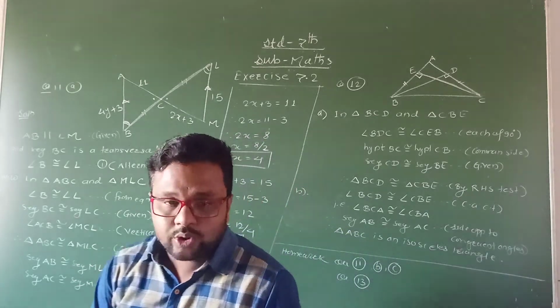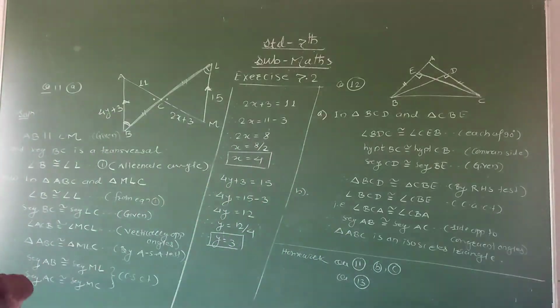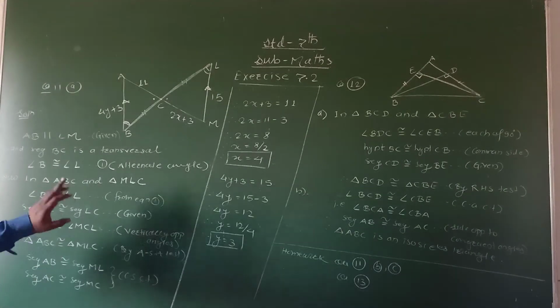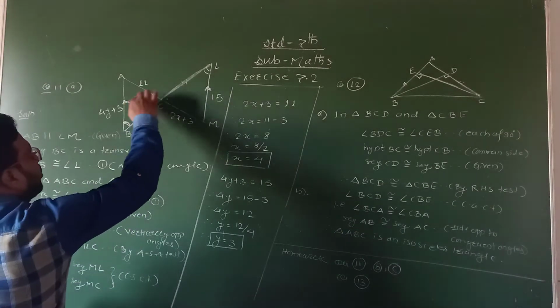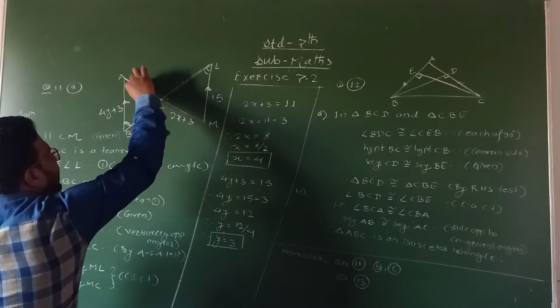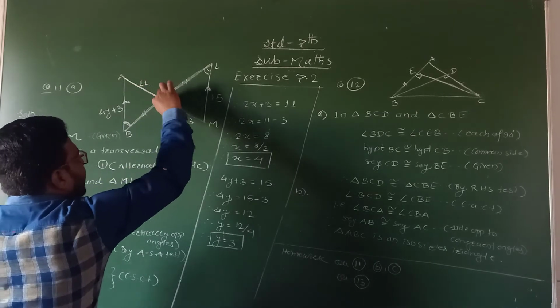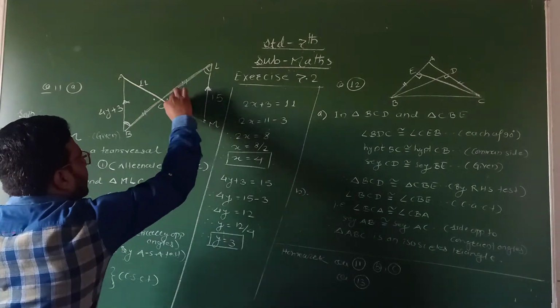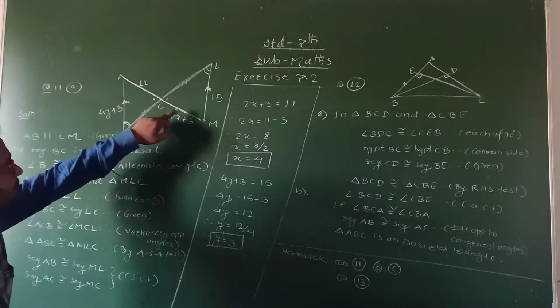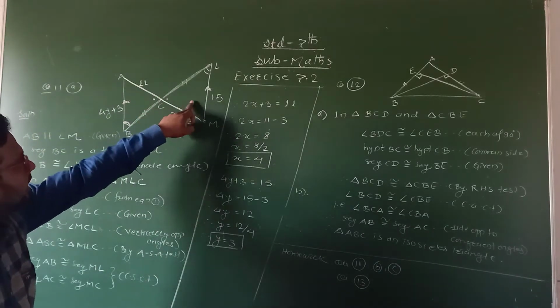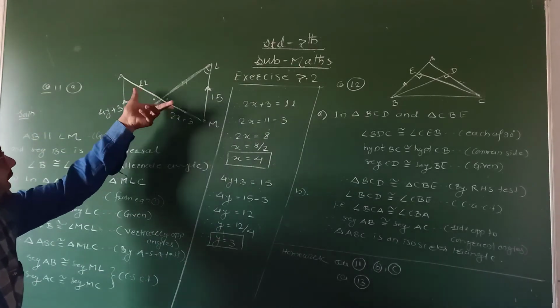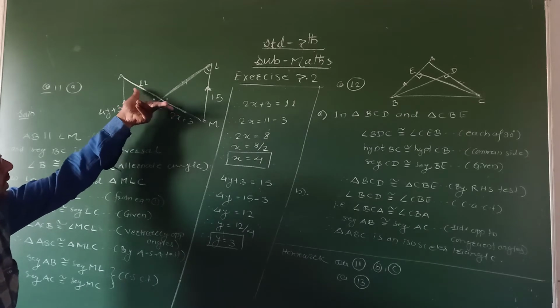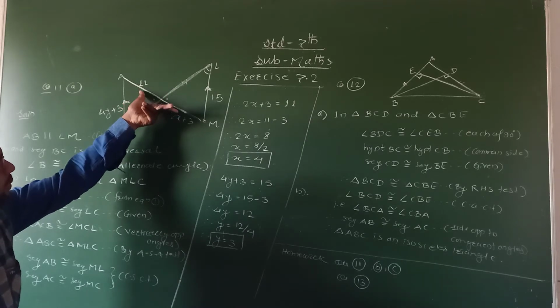Now using this, here we put the equation. If two triangles are congruent, AC is congruent to what? Here MC. This means these two sides are equal. We proved that two triangles are congruent. Their corresponding sides are equal. These are the corresponding sides.